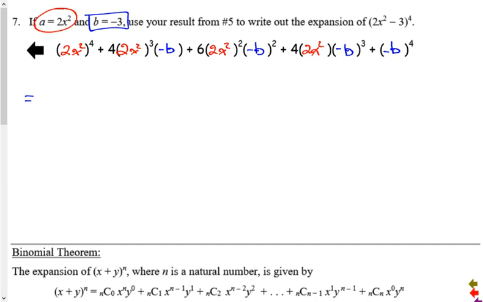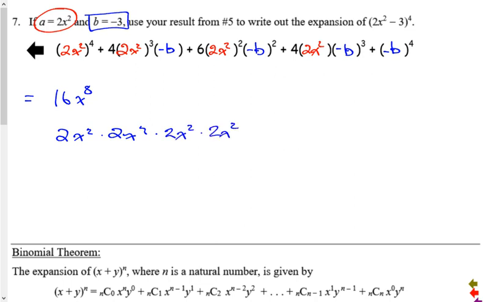Remember this 2 is in brackets to the exponent 4. So I do have a 2 to the fourth, which gives me 16 as my first coefficient. X squared to the fourth, a power raised to an exponent, we multiply those exponents. So that'll be x to the 8th. Again, remember, we had 2x squared times 2x squared times 2x squared times 2x squared.